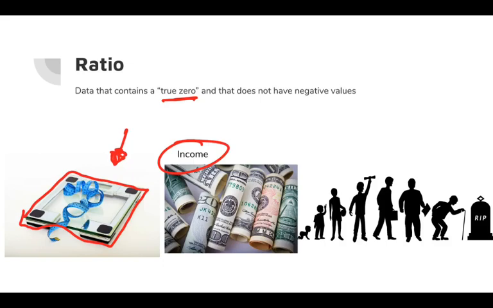You would never get a job where they said, in order for you to work for us, you have to pay us this many dollars per hour for the privilege of working here. That doesn't make sense. You don't have negative incomes. Some people may have negative bank accounts because they have lots of credit card debt, but that's not the same as income.